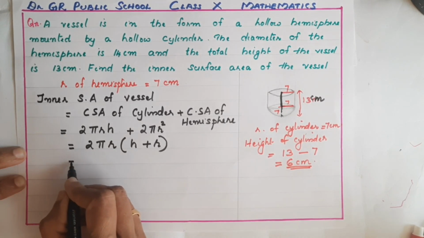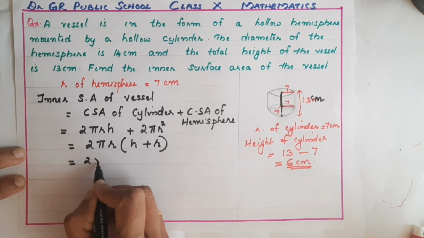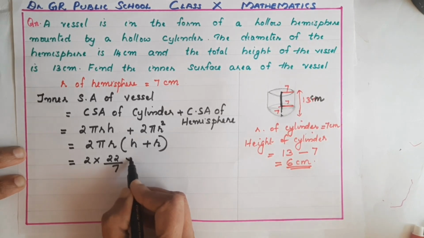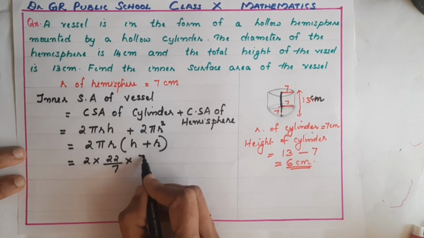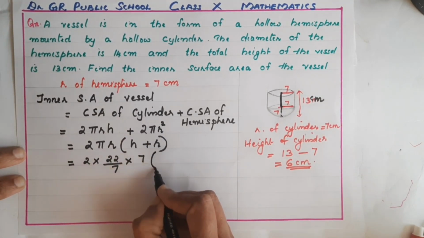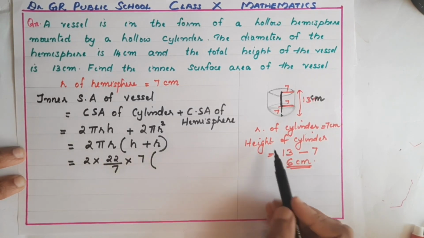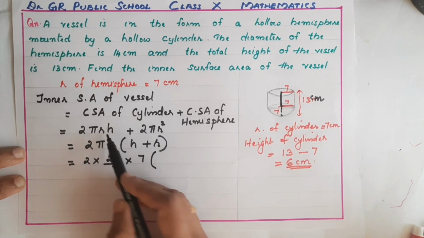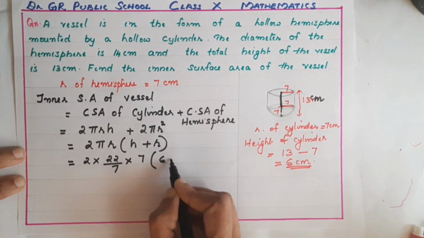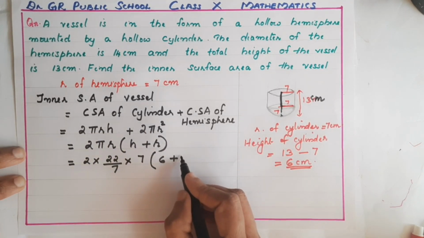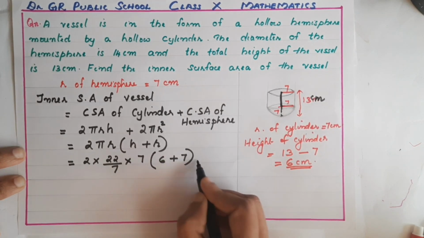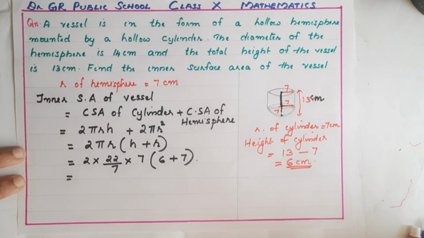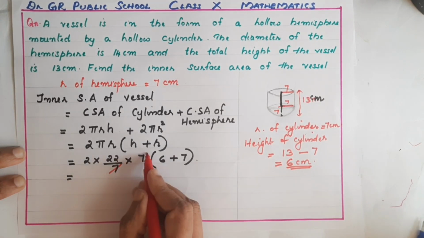So it is equal to 2 into pi, we can give 22 by 7, into what is r? 7. Then inside the bracket, what is h? Height of the cylinder, 6 plus r is 7. Now simplification. 7 and 7 we can cancel.